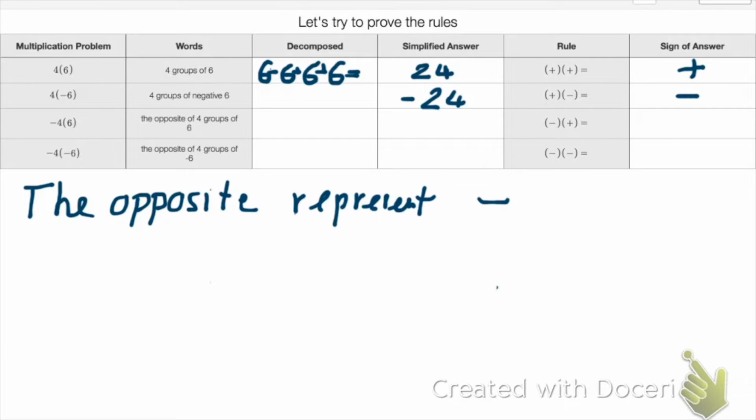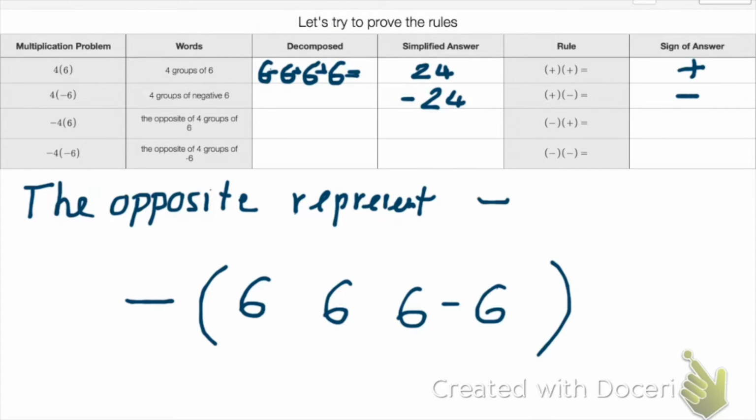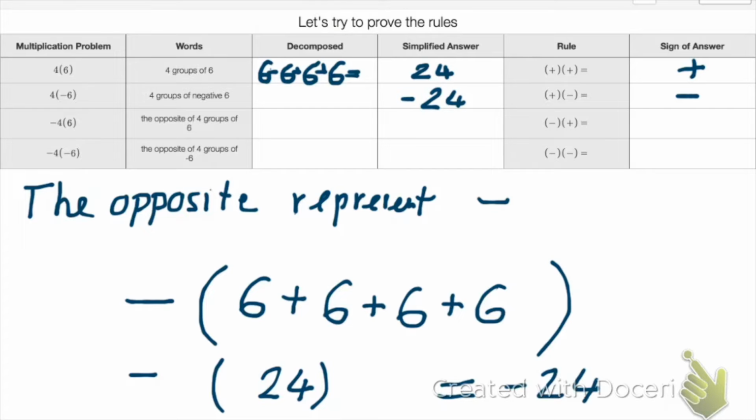So when we see the opposite, we put the negative. Then the opposite of what? The opposite of 4 groups of 6. So we have 4 groups of 6, and we add them together. So 6 plus 6 plus 6 plus 6 equals 24. And we have the negative outside. So the final answer is negative 24. So negative multiply positive equals negative.